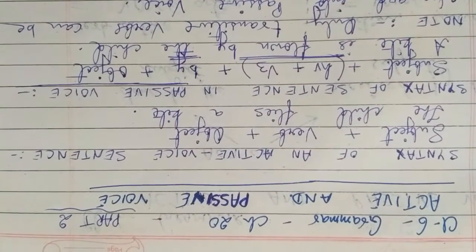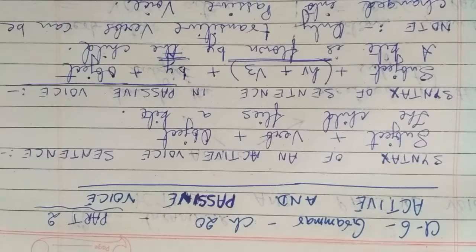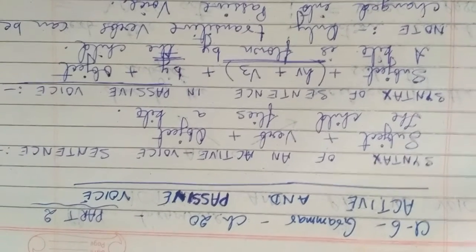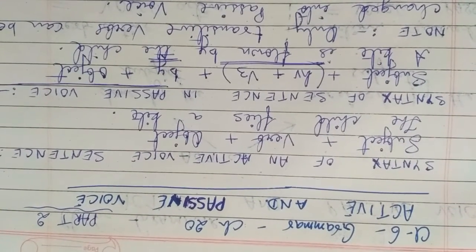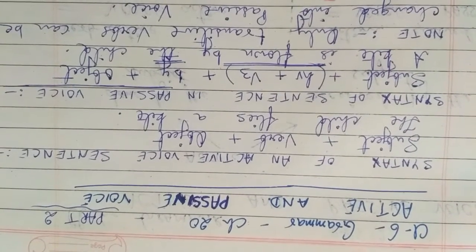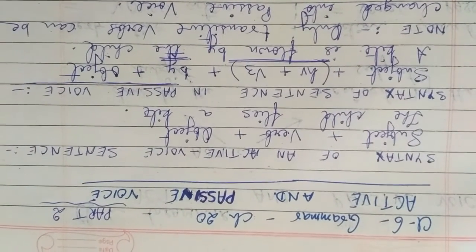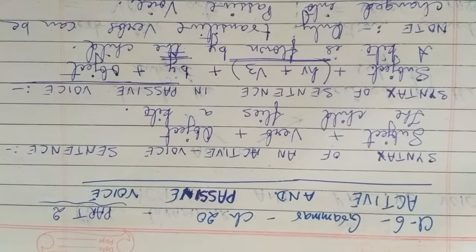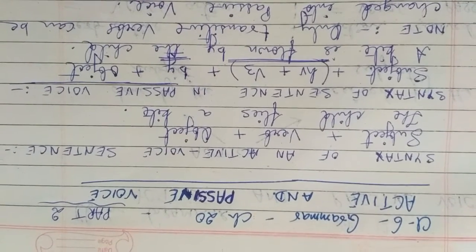Welcome children to the second part of the active and passive voice video, which will give you a new insight, a new description about what is an active sentence and what is a passive, and how to change sentences from active to passive voice.